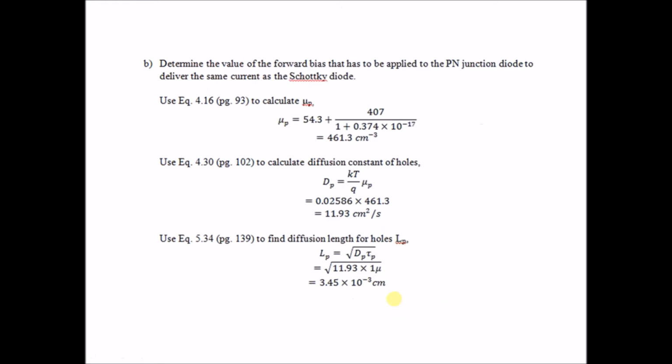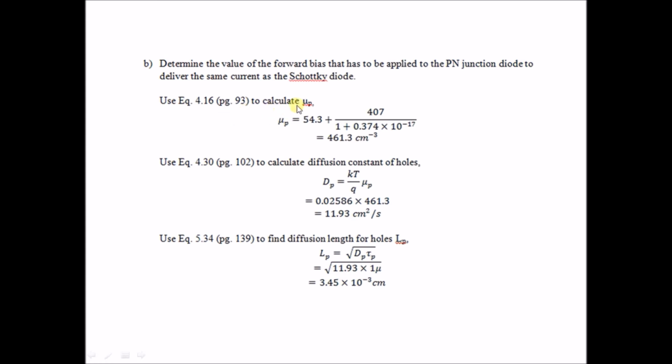So we move to the next question, which is to determine the value of forward bias. I will just show you the graph before. We need to know the value of forward bias voltage that delivers the same current as the Schottky diode, which is 0.28 milliampere.